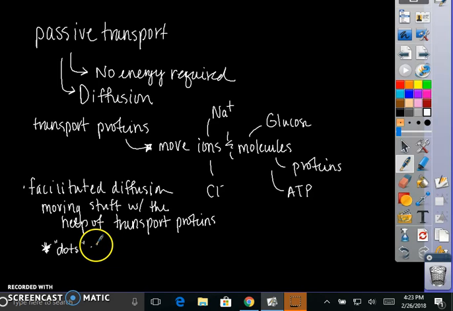So when you get to this point, I want you to let me know in class, and I can get the materials for you that will allow you to do this, and I can help you. Whenever you get to this point, just get my attention and let me know, and I can set you up for this and go through it if you need help with isotonic and all of that stuff. So we're going to use this time as a way to review terms that we previously learned, but we're also going to use that to help us understand facilitated diffusion.